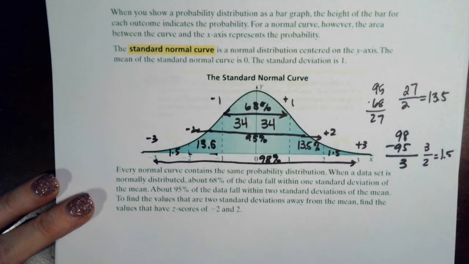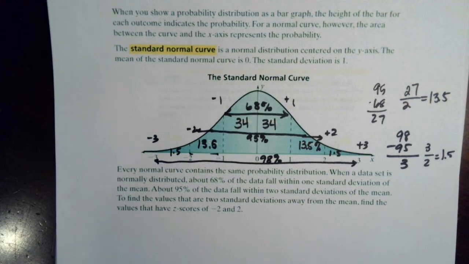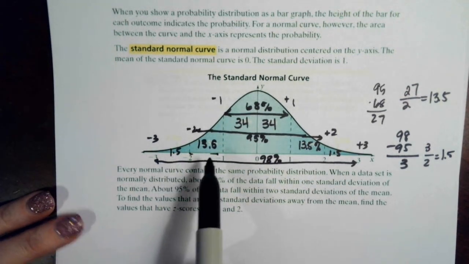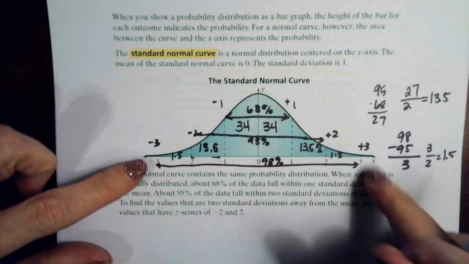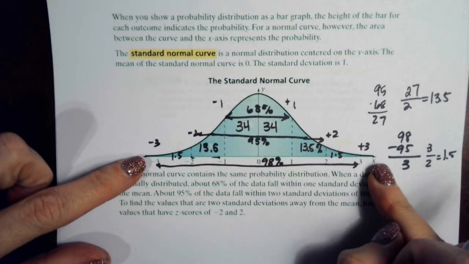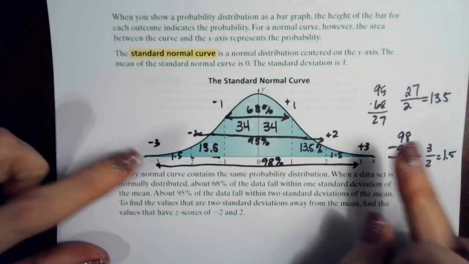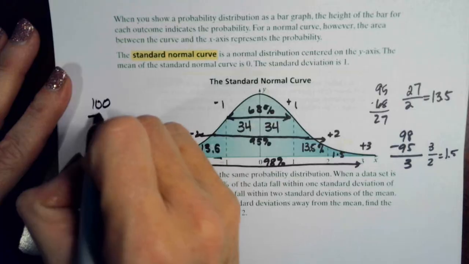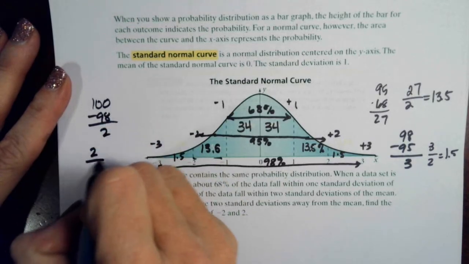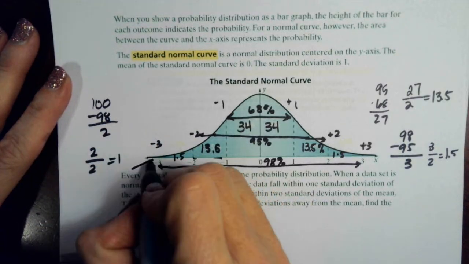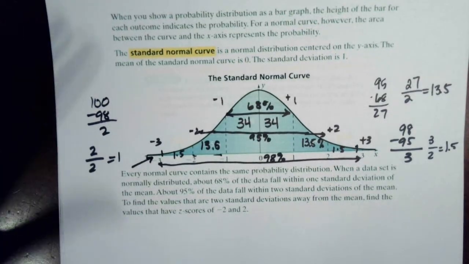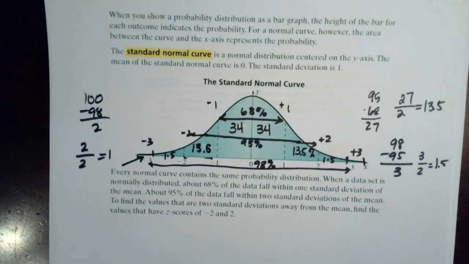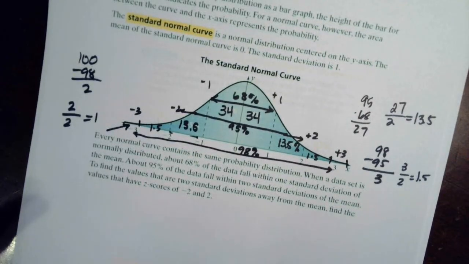Okay, sorry about that. So this is just 98%. So there's another 2% outside of the three deviations. So 100 minus 98 is 2, and then 2 divided by 2 is 1. So then you have 1% here, and you have 1% on this side. So it's outside of those 3 standard deviations.